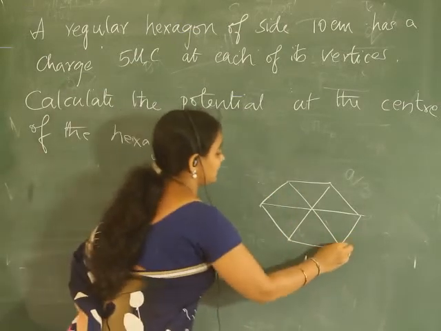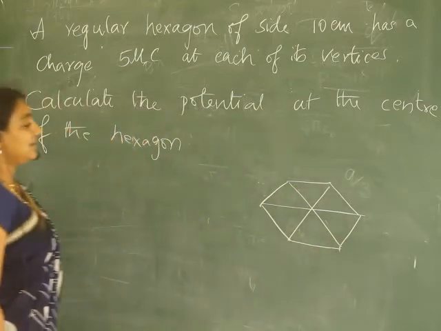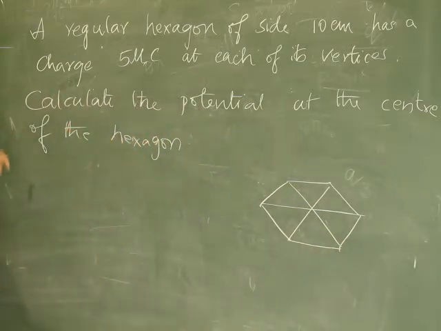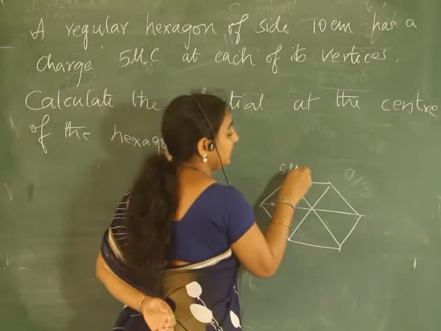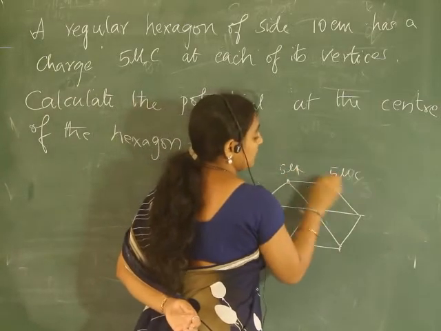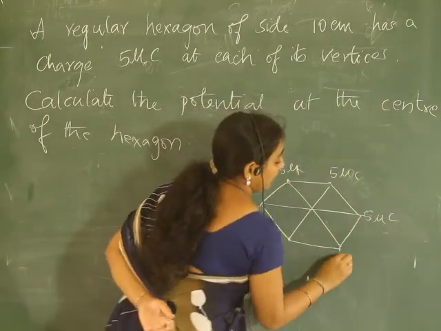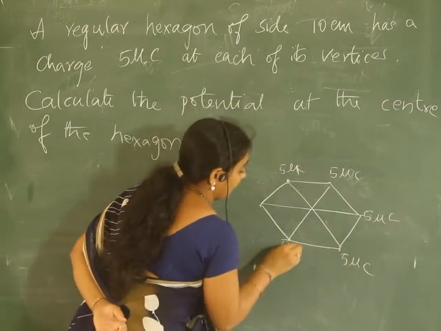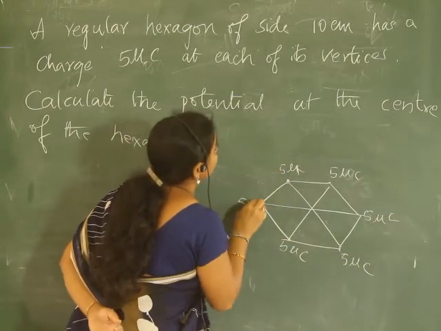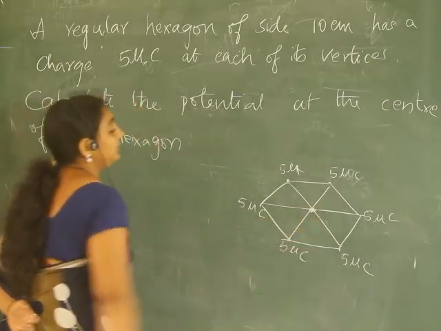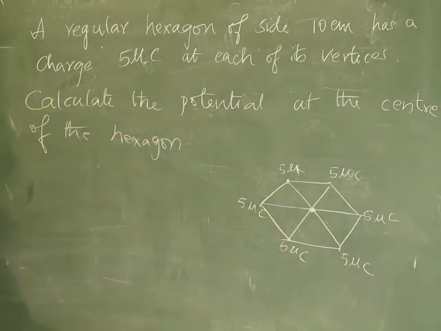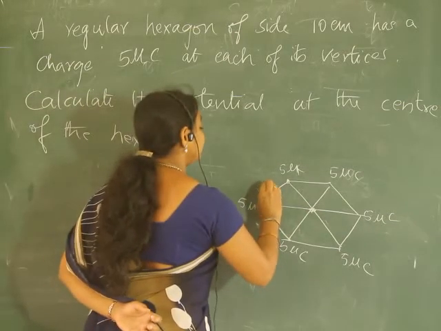This is the shape of the hexagon. A regular hexagon of side 10 centimeter has the charge 5 microcoulomb at each vertex. 5 microcoulomb at each of the six vertices. Calculate the potential at the center. You have to find out the potential. Side is 10 centimeter.